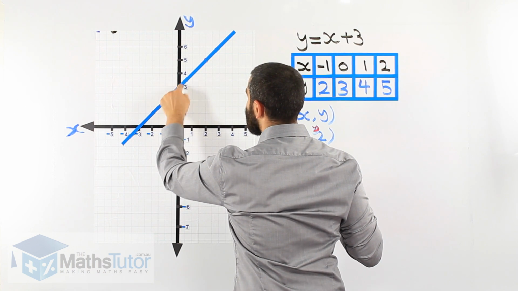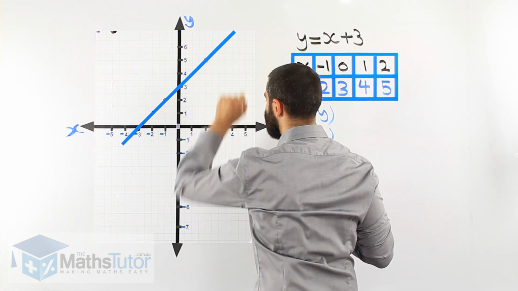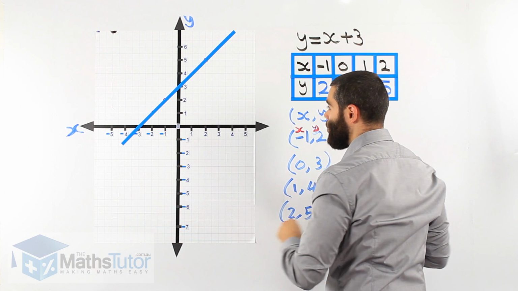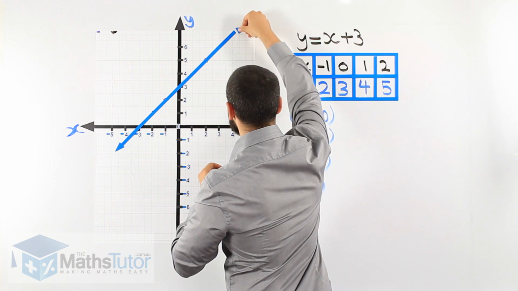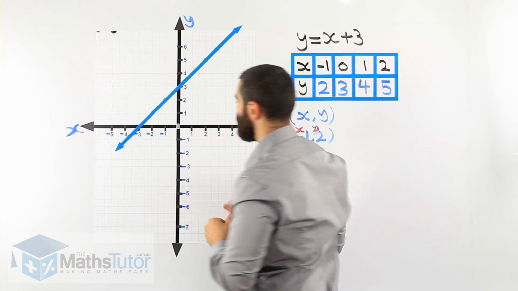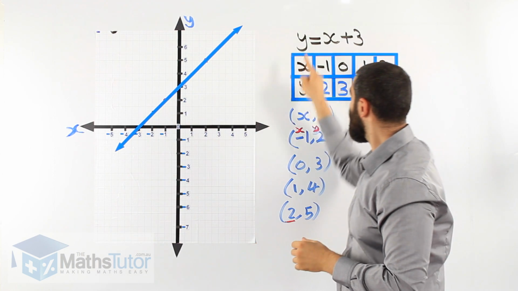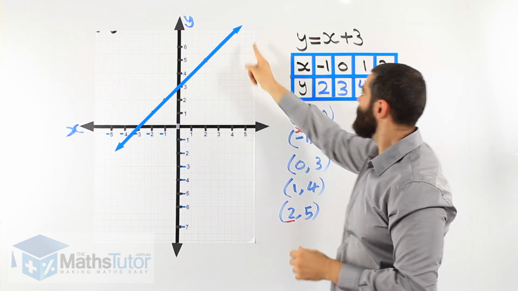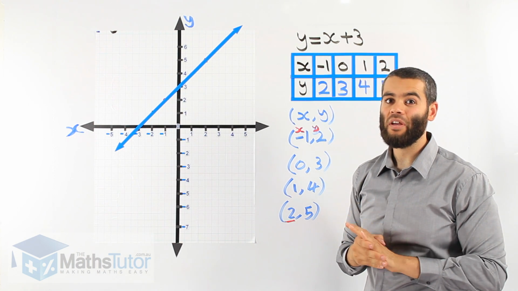One there, one there, one there, and one there. All 4 points. There's our straight line. And we don't forget, we must show arrows. We must show the arrows. The arrow is telling us that our line continues on. Y equals x plus 3. This is the line y equals x plus 3.